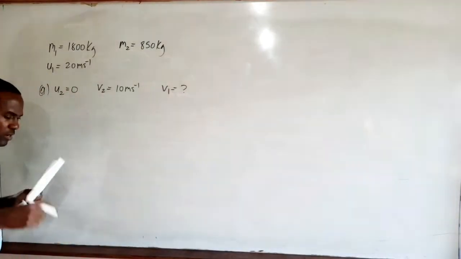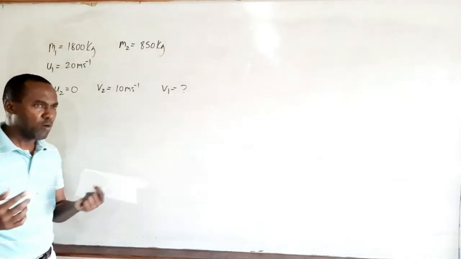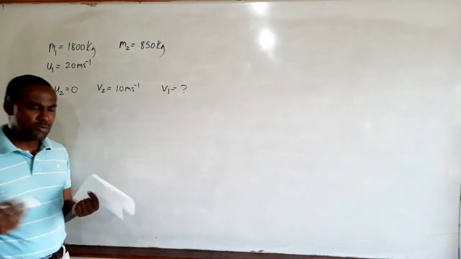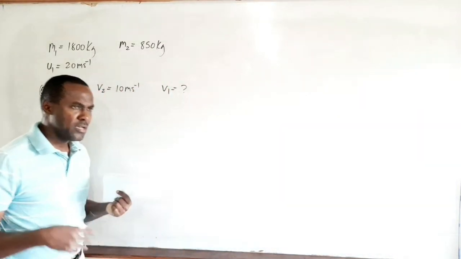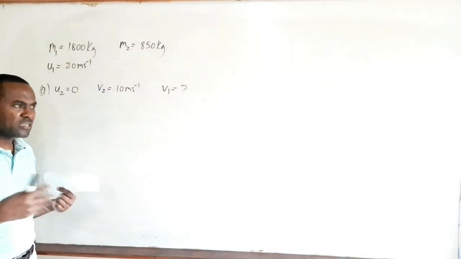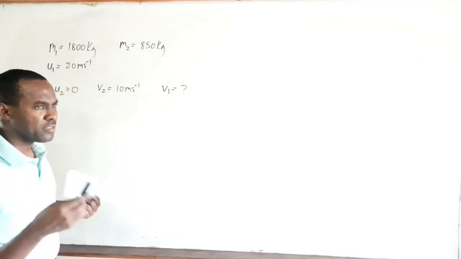So of course we're going to assume that momentum is conserved, right? As a matter of fact, in all the collisions and interactions that we will deal with at this level, momentum will be conserved, right? But generally in questions you have to state that momentum is conserved, or assume that momentum is conserved, and therefore state the principle, right?